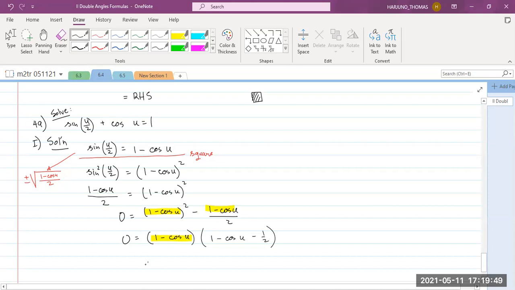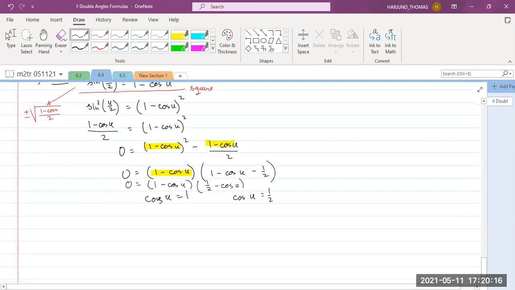Okay, but then from there I see cosine u equals 1. And here we get cosine u equals 1/2, right? So we have these angles.